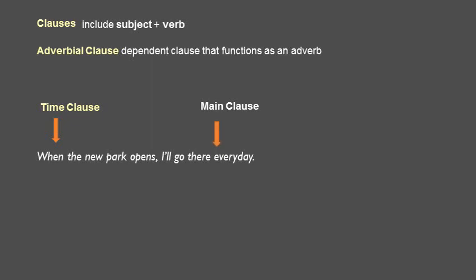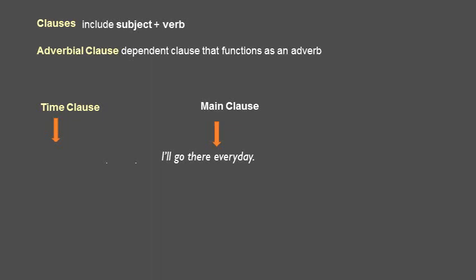Why do we call it a main clause? Well, the reason is if I cover this up and read this sentence, I'll go there every day, we can see that there's a subject and a verb, and I don't need any more information for this sentence to make sense. Therefore, the main clause is independent. It does not need any more information.